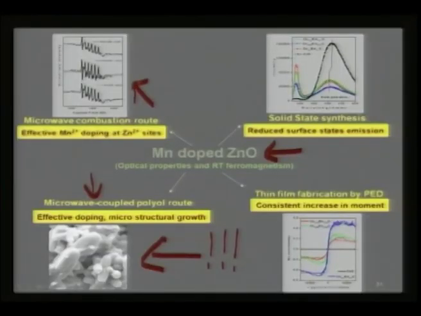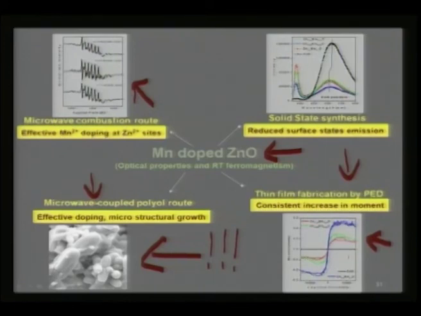For example, in the case of microwave combustion route, we get signature for valences other than Mn2 plus, and in solid state synthesis I have shown you that the magnetic property is very convincing, but then we see this as a case where MnO phase and other phases are segregating, and in the same way in PED films you can clearly dope manganese, but the mechanism of manganese doping does not seem to be clear, although the magnetic features are the same.